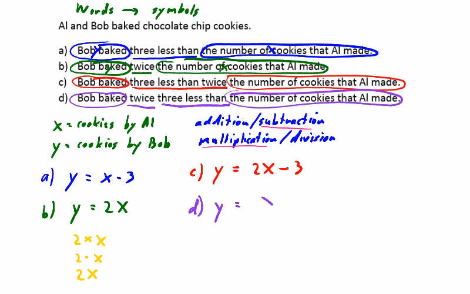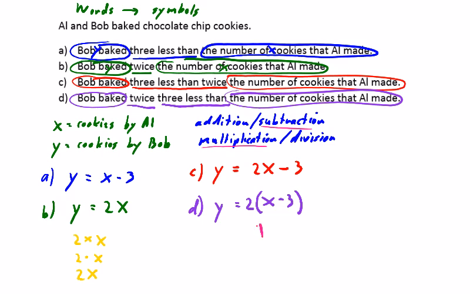So first we have to write down what 3 less than the number of cookies Al made was, which from case A is x minus 3. But we need to double this amount. So we have twice the quantity x minus 3, or 2 times the quantity x minus 3.